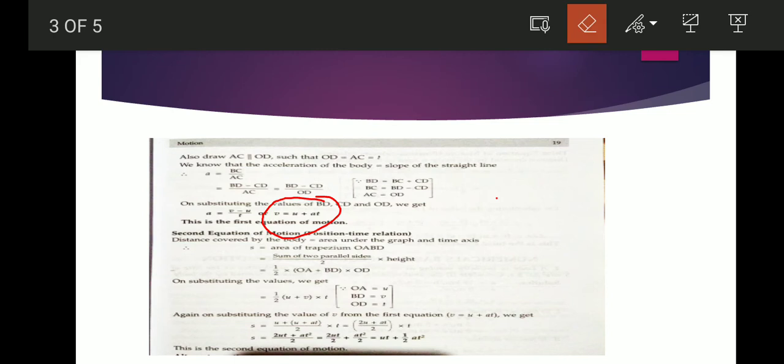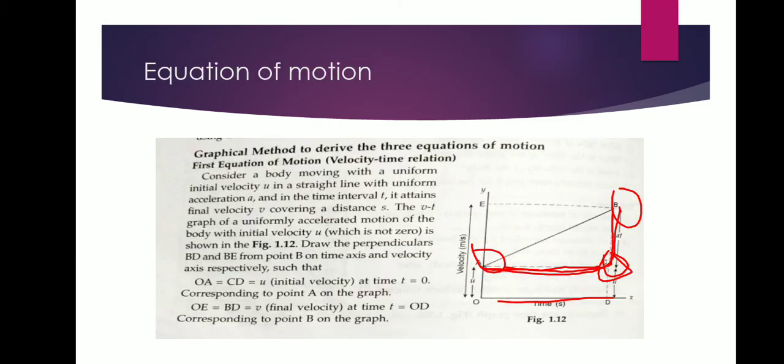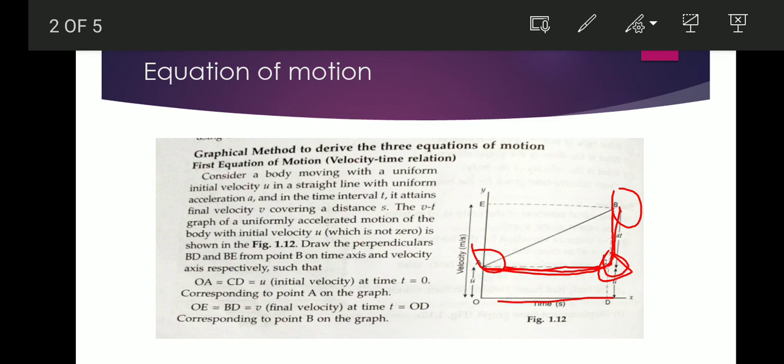Now, the second equation of motion. The distance covered by the body is equal to the area under the graph. In this graph, what is the distance covered by the body? The area under the graph.